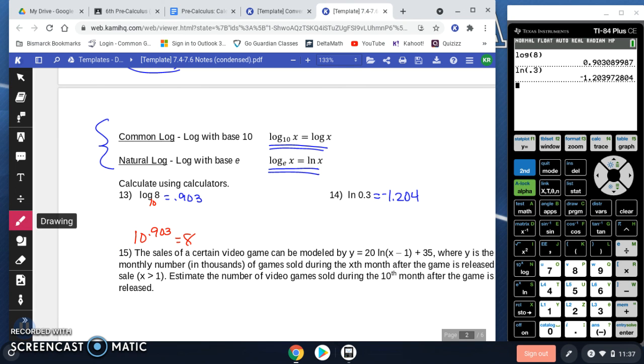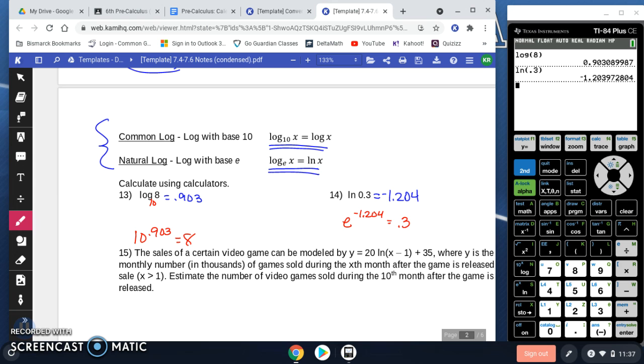If we want to think of this in terms of exponents, then we would have e to the negative 1.204 power, and that's about 0.3, because remember natural log is the log base e. So that would say e, or from Friday, about 2.7 to the negative 1.204 equals 0.3.